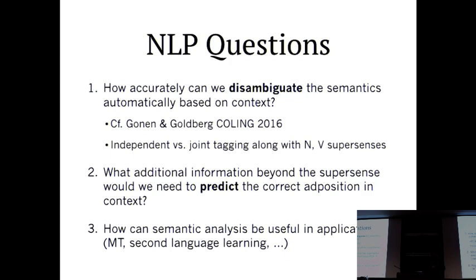So there's idiomaticity. We also want to look at predicting the adposition from the semantic label. So this gets into some finer grained aspects of meaning than we're capturing now. So how much additional meaning would you have to know to say that the seating is on the third floor rather than in the third floor or whatever?